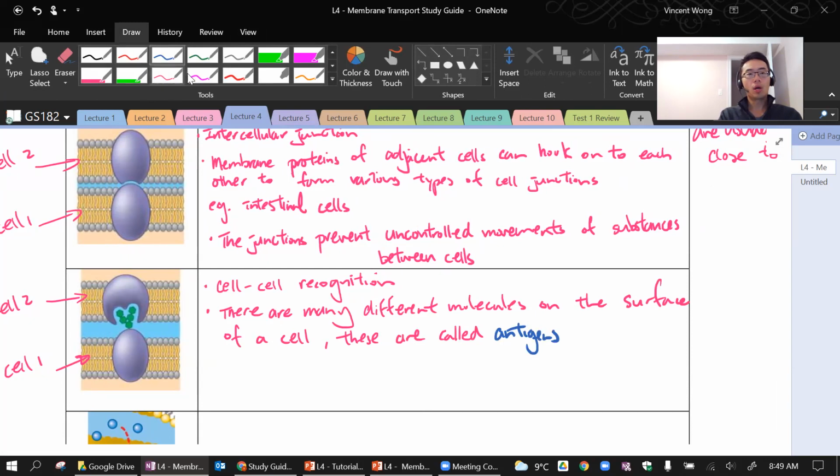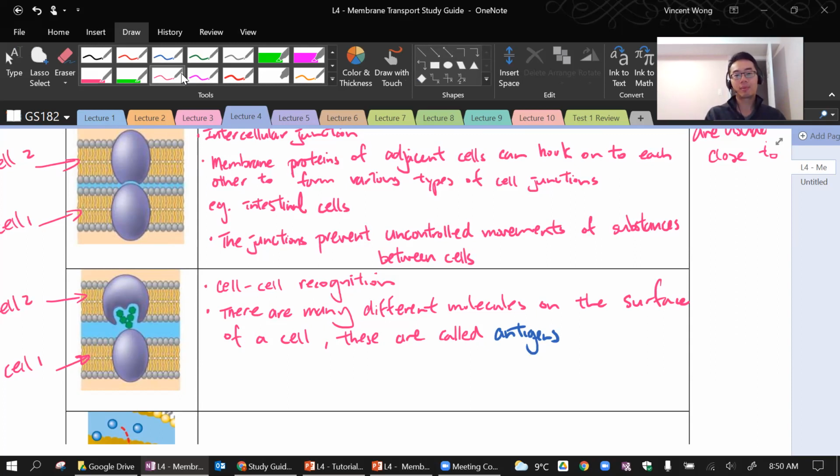What molecules are found on your cells are going to be different from what I have on my cells. It's going to be different from, in fact, everybody on this planet, unless you have a twin, then you're going to have the same kind of cell surface antigens. People will have similar antigens, but no two individuals will have the exact antigens, right?